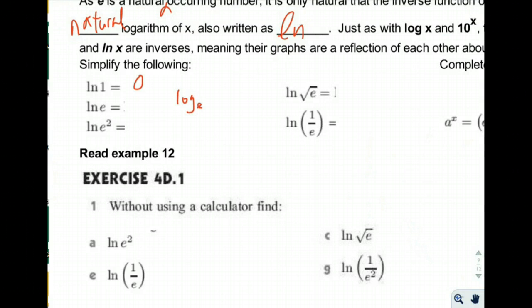So the log base e of e is going to be 1, right? Basically, it's saying e to the what is equal to e to the 1. E to the what is equal to 1, 0, right?